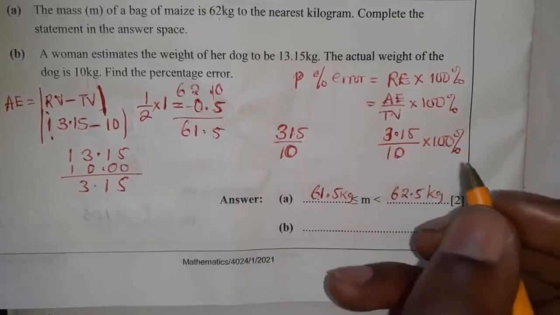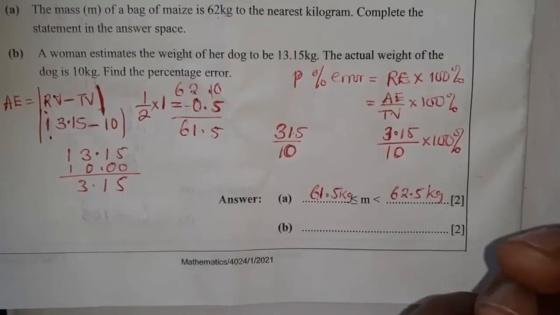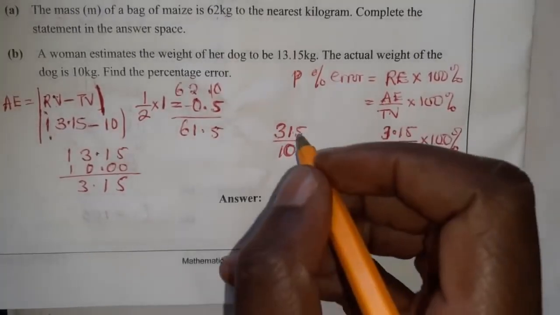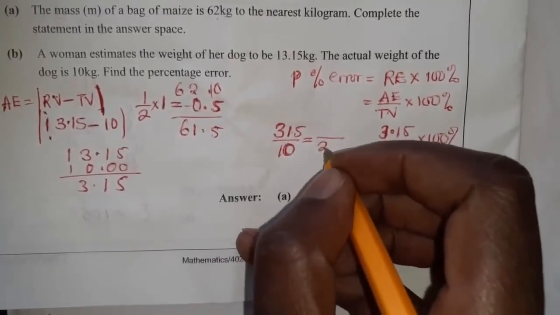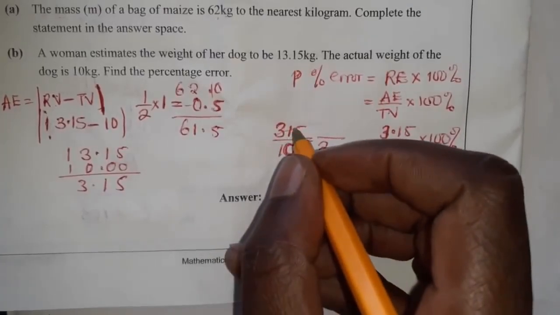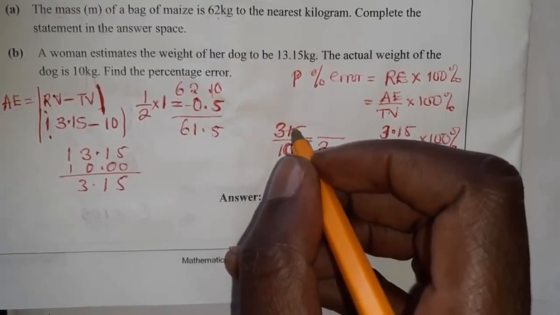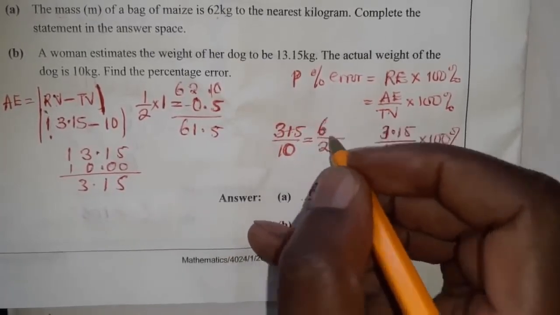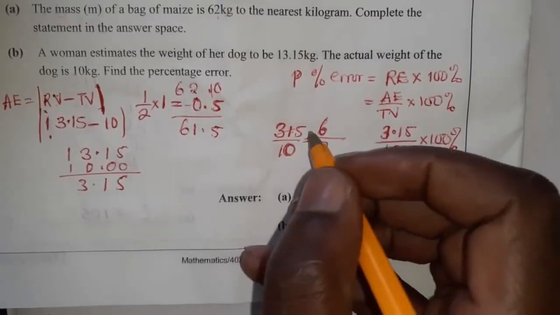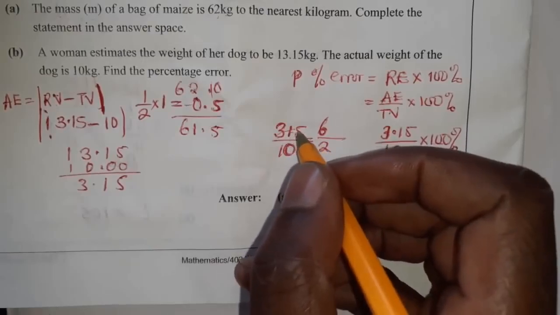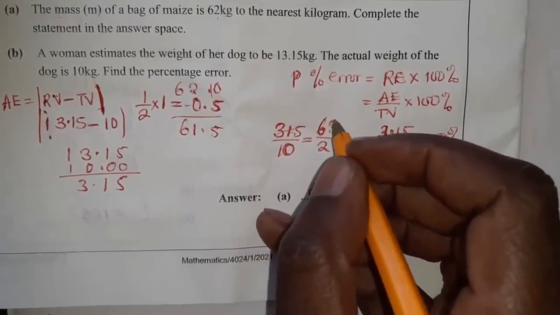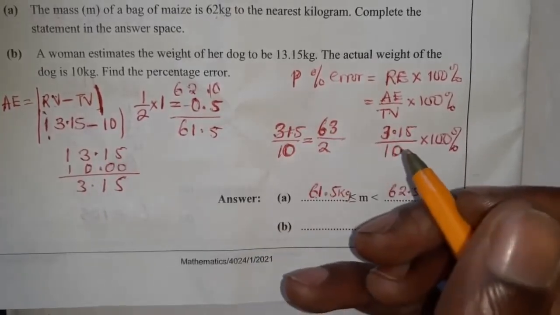Okay? So, if you want, you can still simplify it. Remember, you don't have a calculator. You can say 5 into 10, it's 2. 5 into 31, it's 6. Remainder, 1. 5 into 15, it's 3. Don't forget.